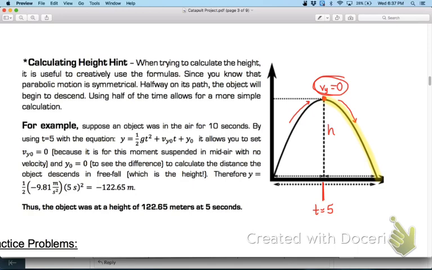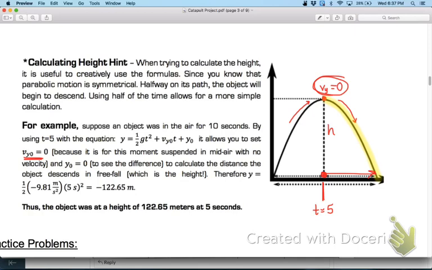And so if you look at the example that they've got over here, like we said, it allows us to set that initial velocity equal to 0, because at that moment it's suspended in midair with no velocity, and the initial position that we want to consider we could use as 0. So we're considering this moment right here as 0 and moving over to the edge for the time of 5 seconds.